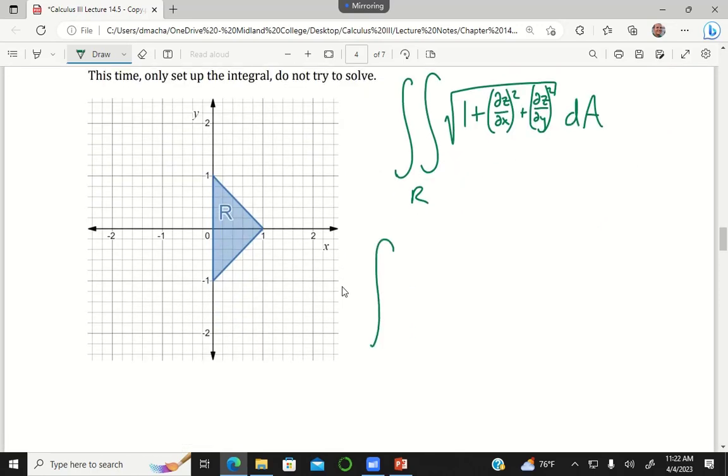So if I want to rewrite this, I'll write the square root of 1 plus 4x squared plus 1. And I have to choose some order of integration.